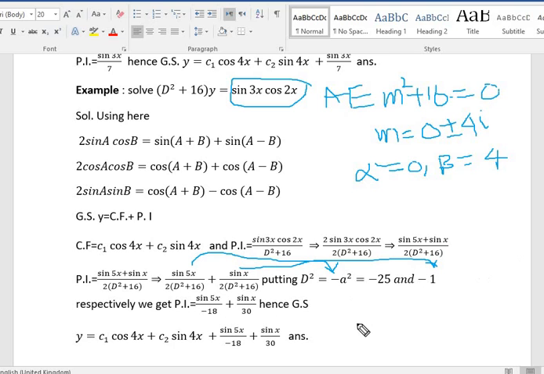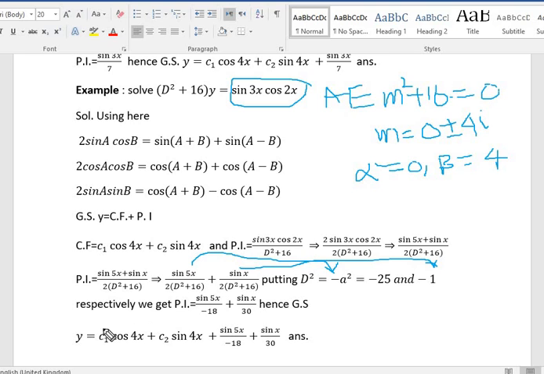When we replace, we get sin 5x divided by 2 times (minus 25 plus 16). Minus 25 plus 16 is minus 9, multiplied by 2 is minus 18, plus sin x divided by 2 times (minus 1 plus 16). That is 15 multiplied by 2, which is 30. So this is your particular integral.